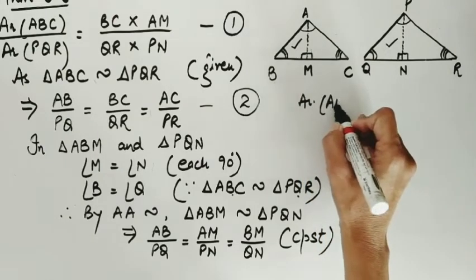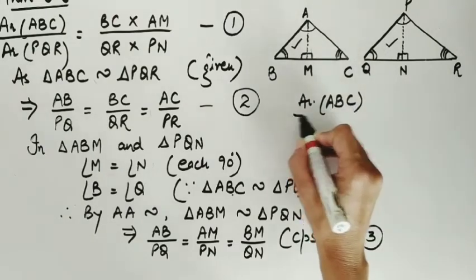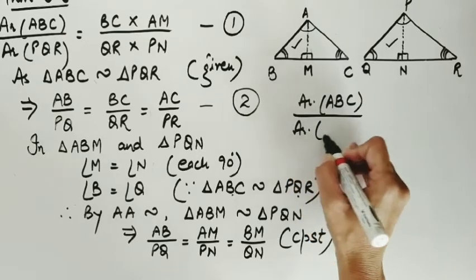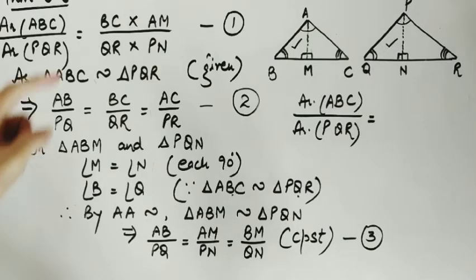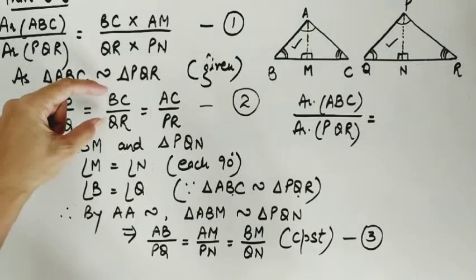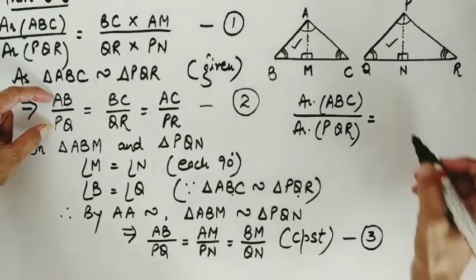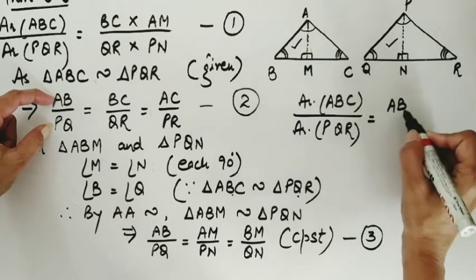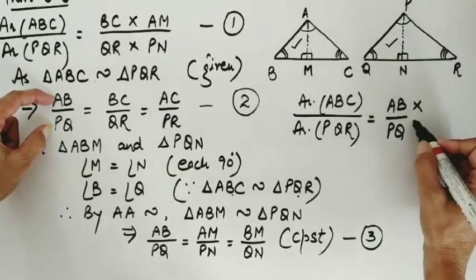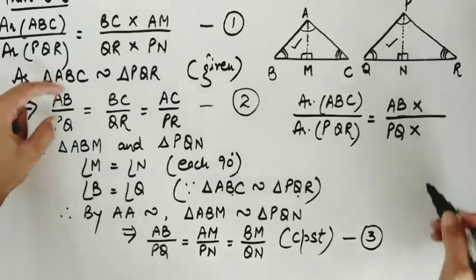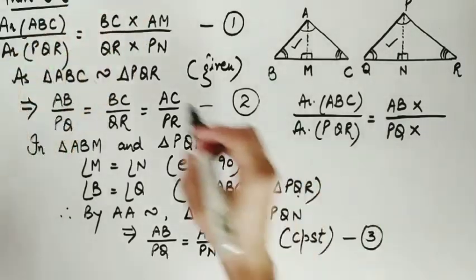Area of ABC upon area of PQR can be written as BC by QR. Now BC by QR I would replace by AB by PQ, and this product comes as such, times AM by PN.